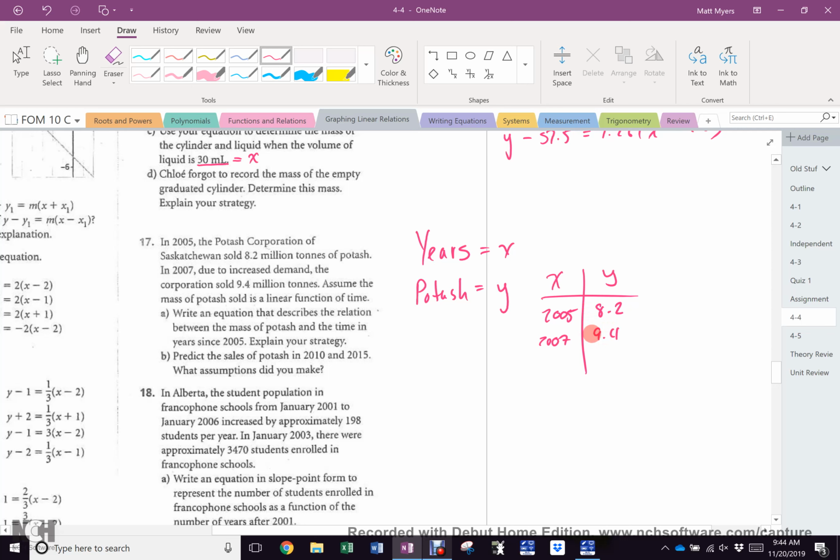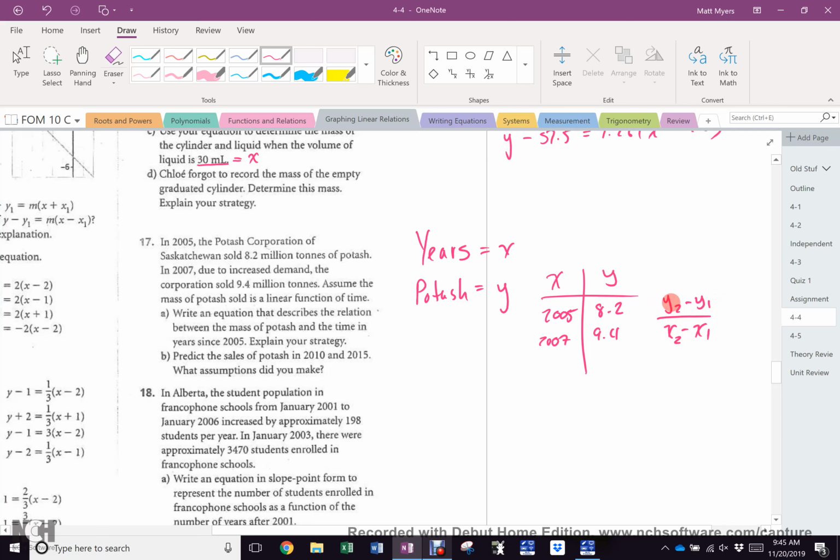What do I have now? I have what I need to find slope, don't I? How will I find it? He waited patiently. Because it's exactly the same as the question we just did. Y minus y2 over x minus x2. Whatever you do. As long as you have y's and x's, right?